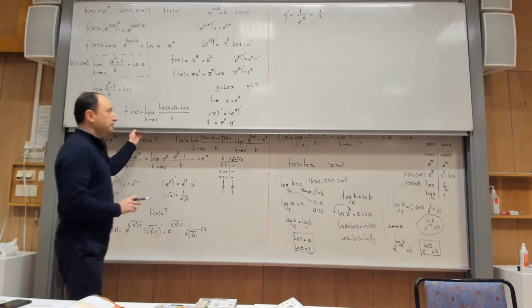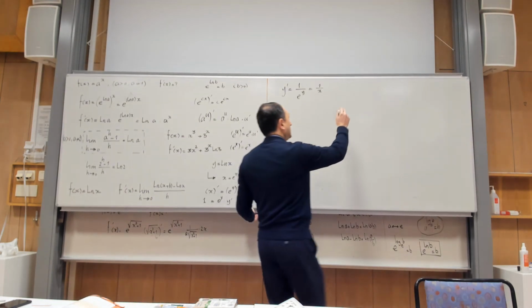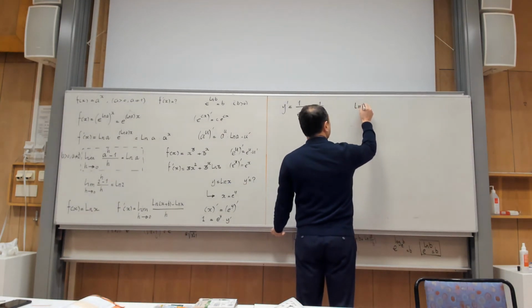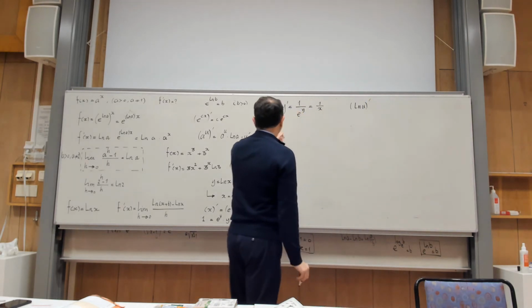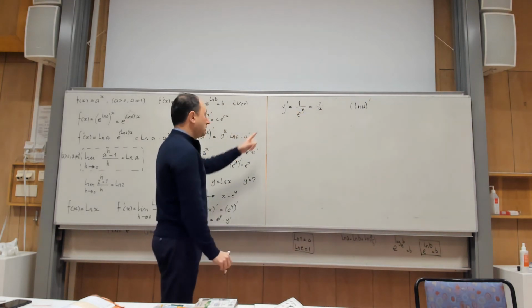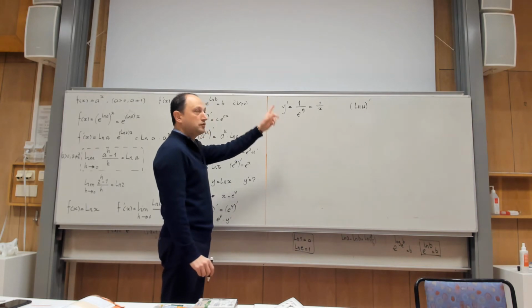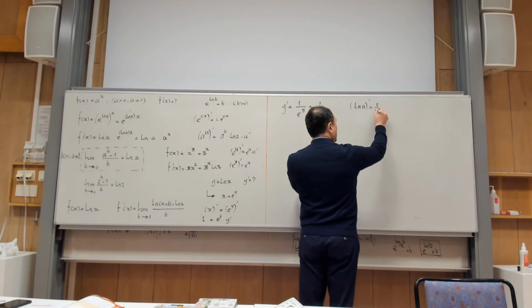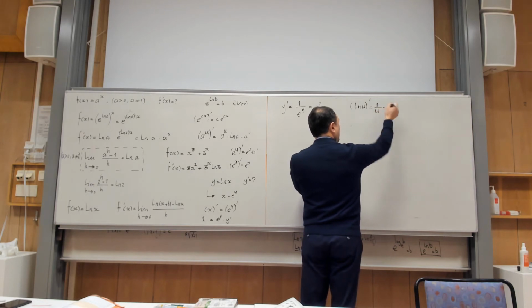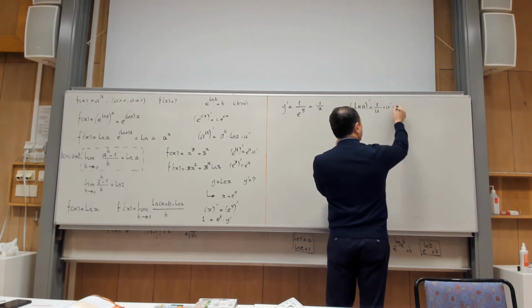For example, now can you tell me what is ln of u prime? So ln of x prime is 1 over x. What is ln of u prime? It is 1 over u, but not finished. You have to multiply by u prime. And usually people write it in this form.